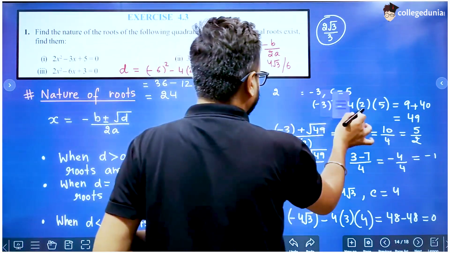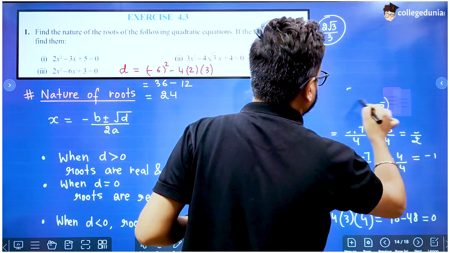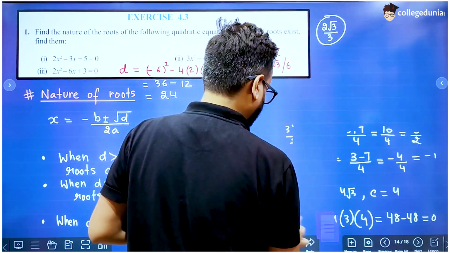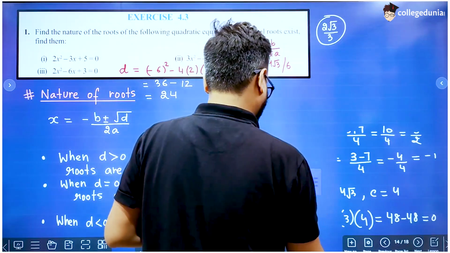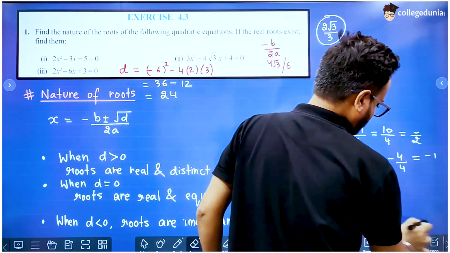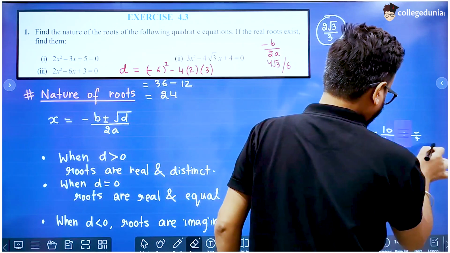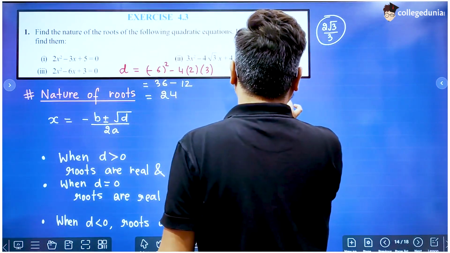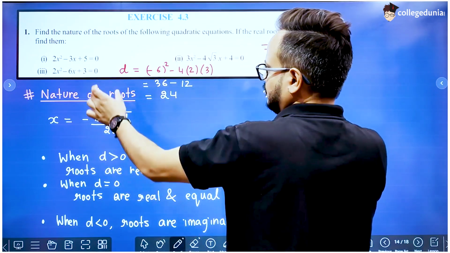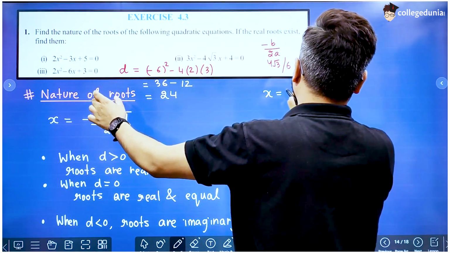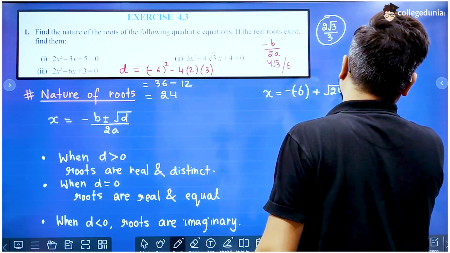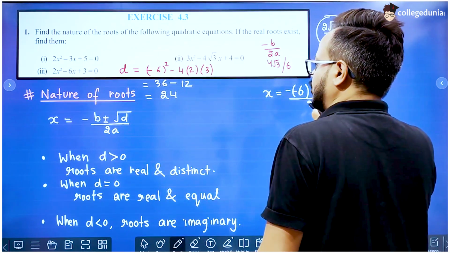Let's find them here. So x is minus b, minus of minus 6 plus root 24 divided by 2 into a.